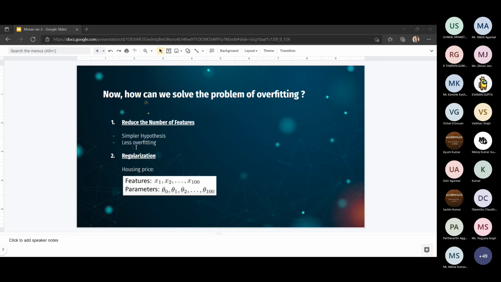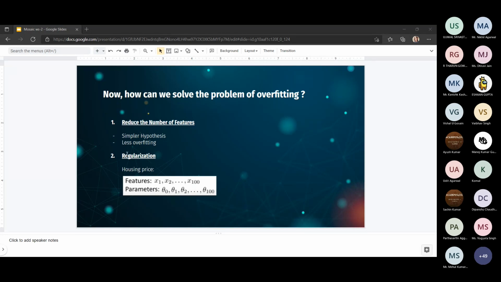So if we don't want to reduce any feature, another solution can be regularization. So what is regularization? Regularization is one of the most important concepts in machine learning, and we use this technique to reduce the overfitting problem and get these learning algorithms to work much better.